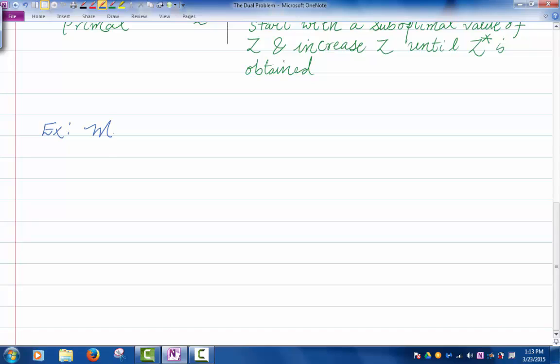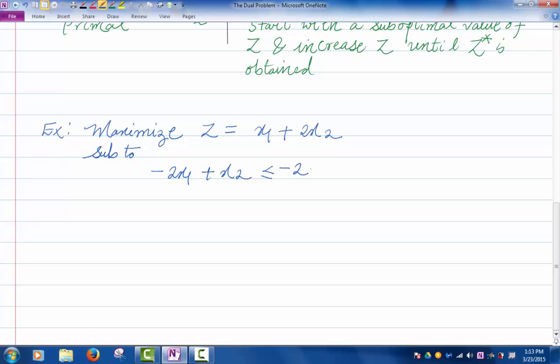Let's say I am trying to maximize the objective function z, which is x1 plus 2x2, subject to certain constraints which are negative 2x1 plus x2 less than or equal to negative 2, and x1 minus 2x2 is less than or equal to negative 2. x1 less than or equal to 4. x2 less than or equal to 4.